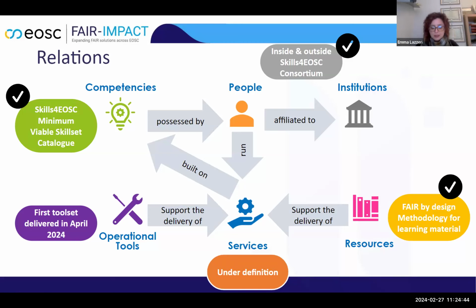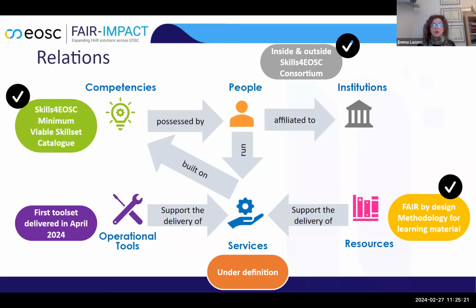I would like to stress this point because the Skills for IOSC network has already welcomed competence centers that are based in countries that are not covered by our consortium, and also that are supported by institutions that are not part of the consortium. So in case your country is building up or would like to set up a competence center, we will be very happy to consider your competence center to be onboarded in our network.